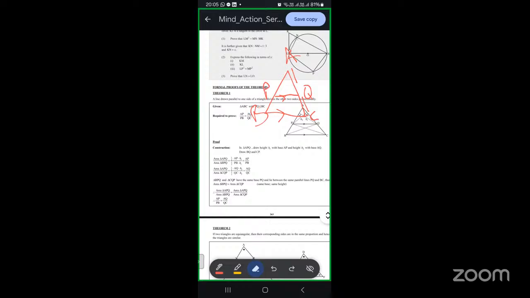If this is what you will be given in the exam, in order to prove this equality, what you first need to do is construct these heights here. Let me go back to the original diagram. As they did, they first constructed perpendicular heights in the upper triangle.